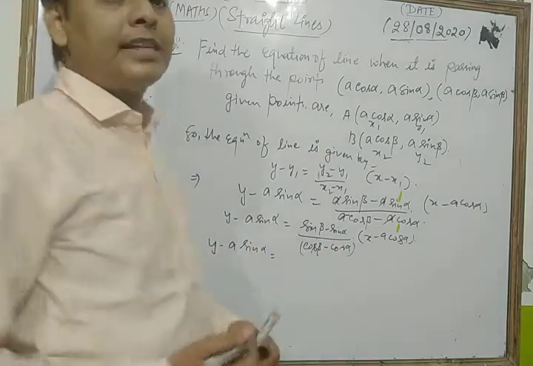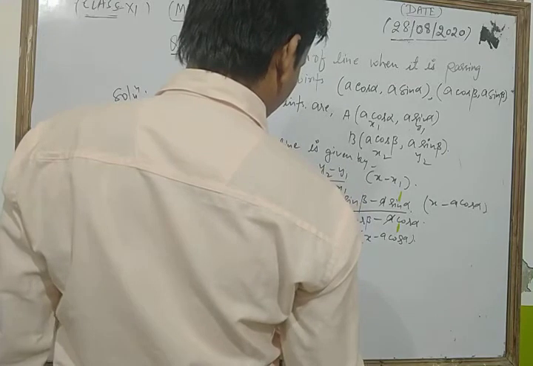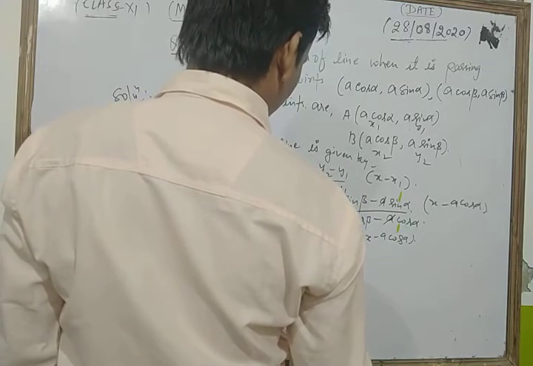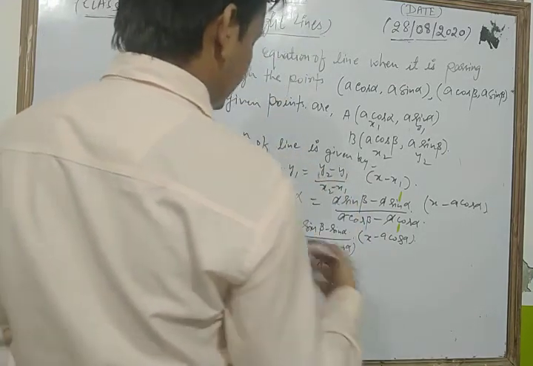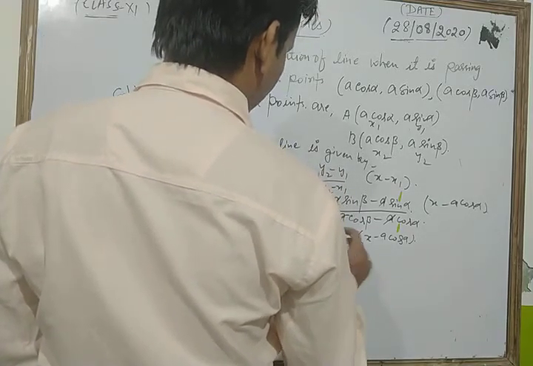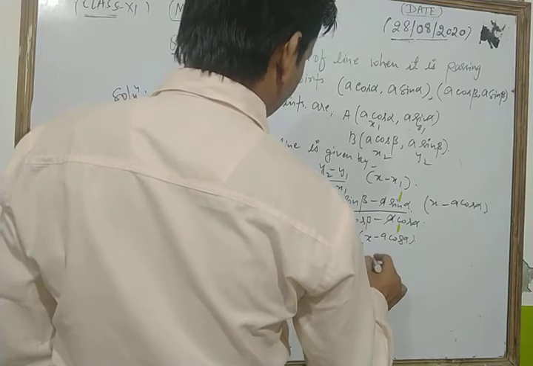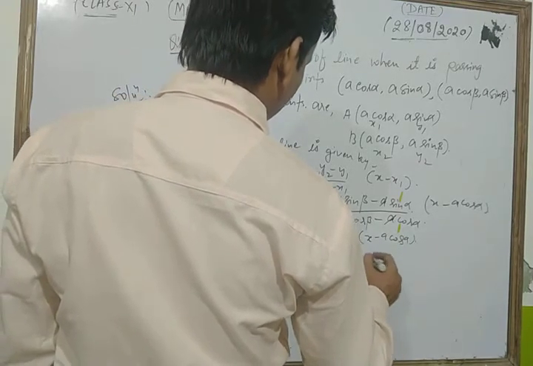What is the formula of sin c minus sin d, dear students? It is 2 cos of c plus d by 2 into sin of c minus d by 2.